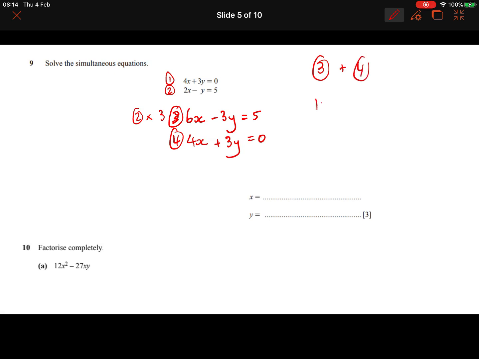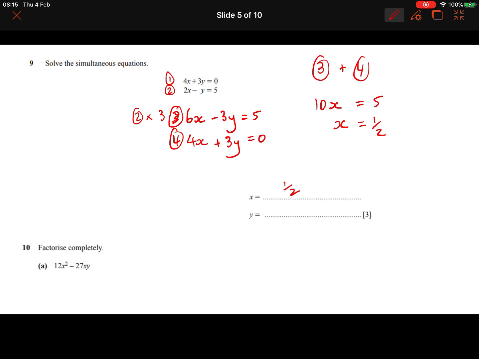So you end up with 10x, and minus 3y add 3y is equal to nothing. Now you've eliminated the y. Okay, and 5 plus 0 is 5. So x is equal to a half. Okay, you've not finished. You now need to find out what y is.